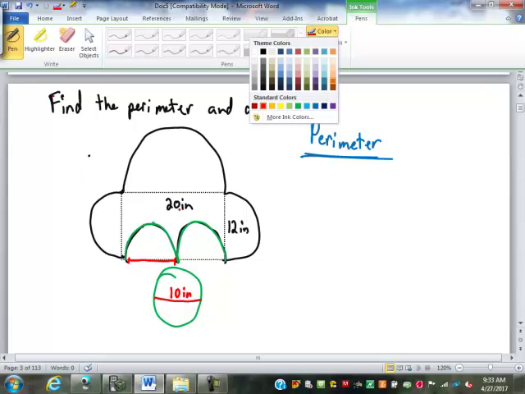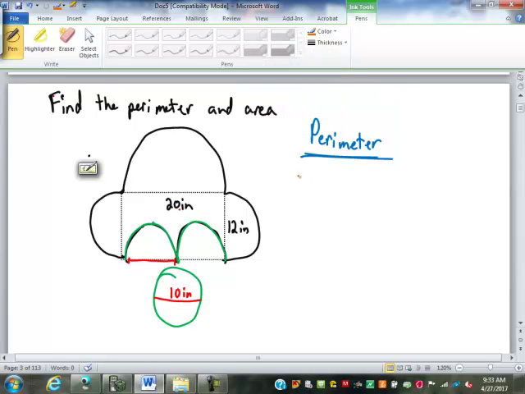So remember, when we're dealing with perimeter on a circle, it's called a circumference. That's just pi times diameter. So that'll be 3.14 times 10, or 31.4 inches for that one.